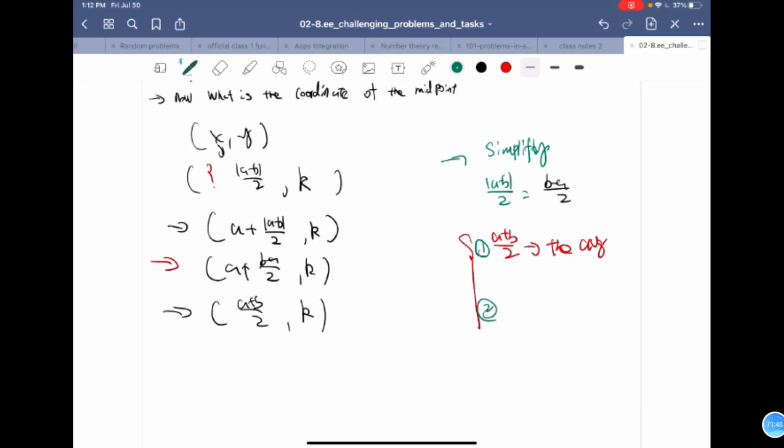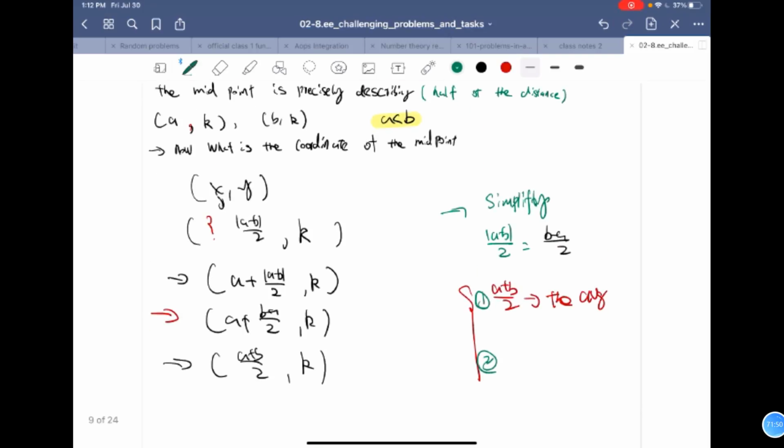The second way is more approaching the core of the midpoint definition, because when you talk about midpoint, it's just saying that this point is the smaller point plus half of the distance, right? So when you think about what is the half of the distance, you have the absolute value of A minus B divided by 2, right?